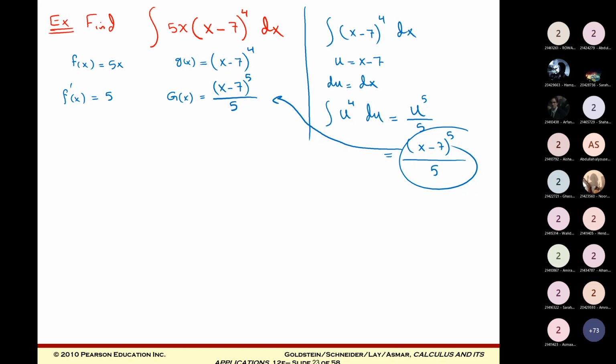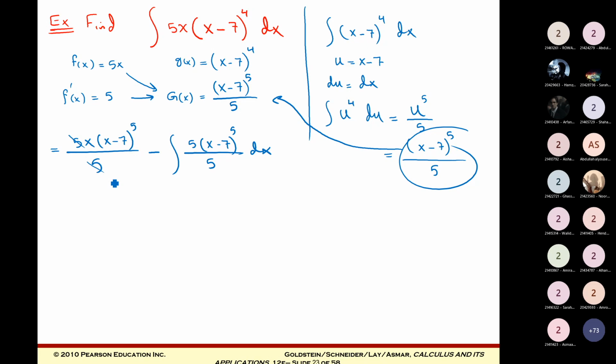So this is the value of G of x: x minus 7 to the power 5 over 5. Okay. Now we can continue by finding the other part of integration by parts: 5x multiplied by x minus 7 to the power 5 over 5, minus, now f prime multiplied by g, equals 5 times x minus 7 to the power 5 over 5 dx.